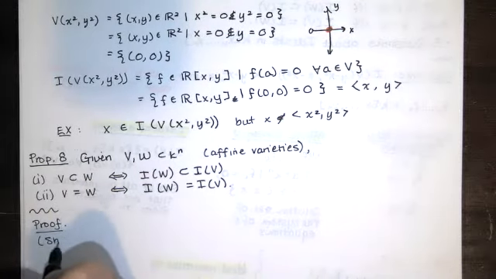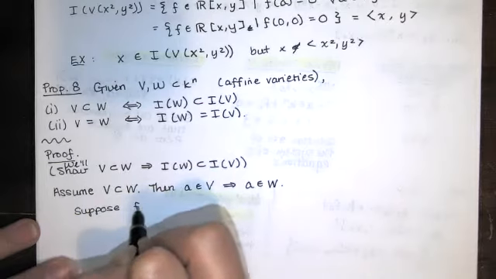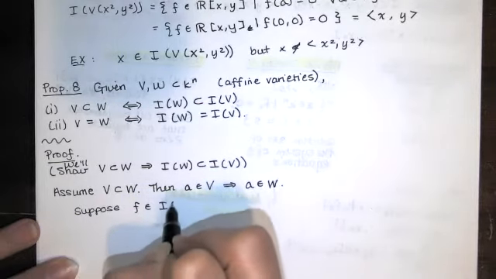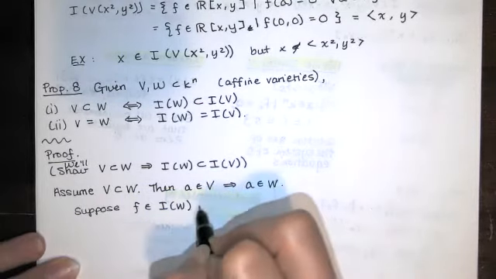And then we're assuming that this is true. Now assume that you have a polynomial function in the ideal of W. So let's suppose that we've got a polynomial f in the ideal of W. Well, remember what that means.